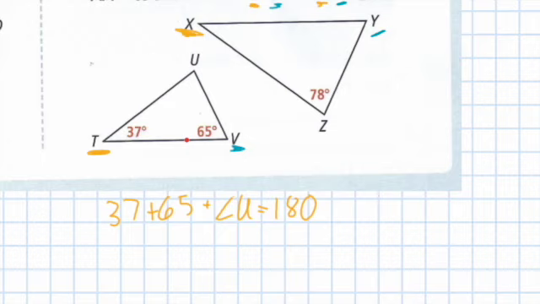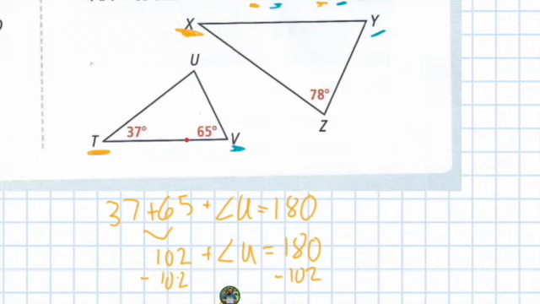So that's 102 together. So 102 plus angle U is going to equal 180. And then after I subtract 102 on both sides, angle U is equal to 78 degrees.